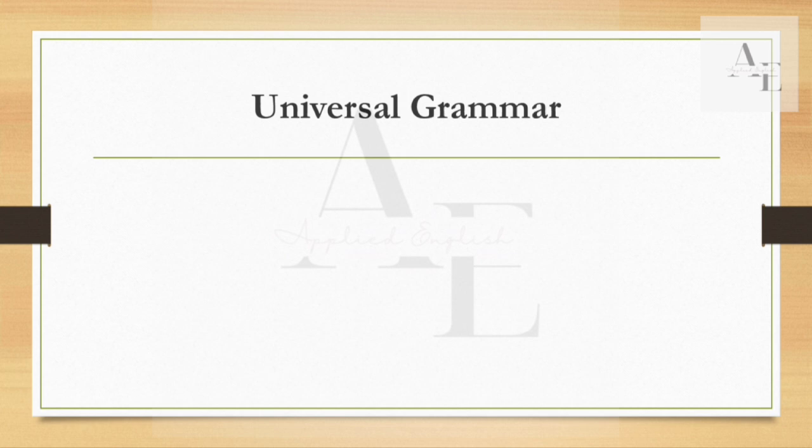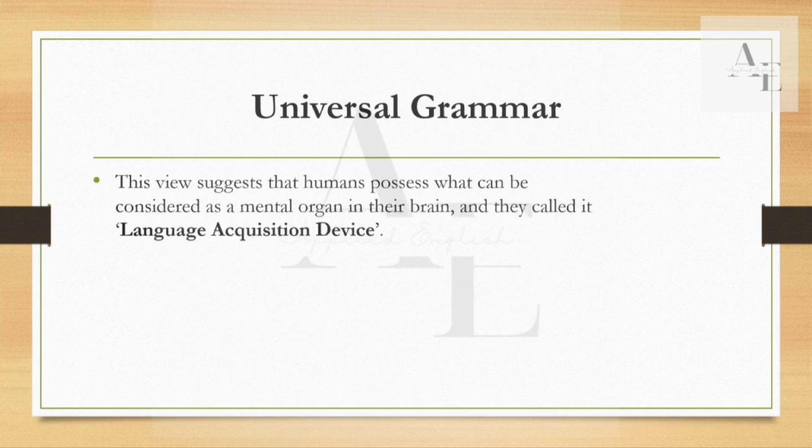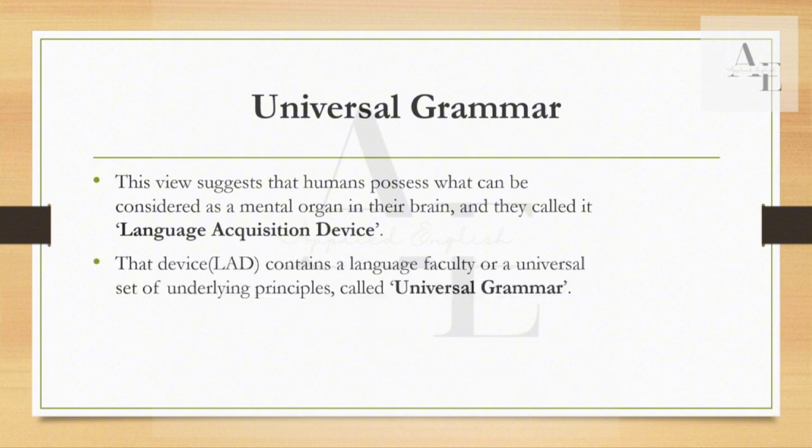What do I mean by that? First of all, this view suggests that a human possesses what can be considered a mental organ in their brain, and they called it a language acquisition device. So they say that in our brain there is a mental organ. It's not an actual organ, it's a mental thing, which is called the language acquisition device, and inside it we have the universal grammar or shared rules or principles.